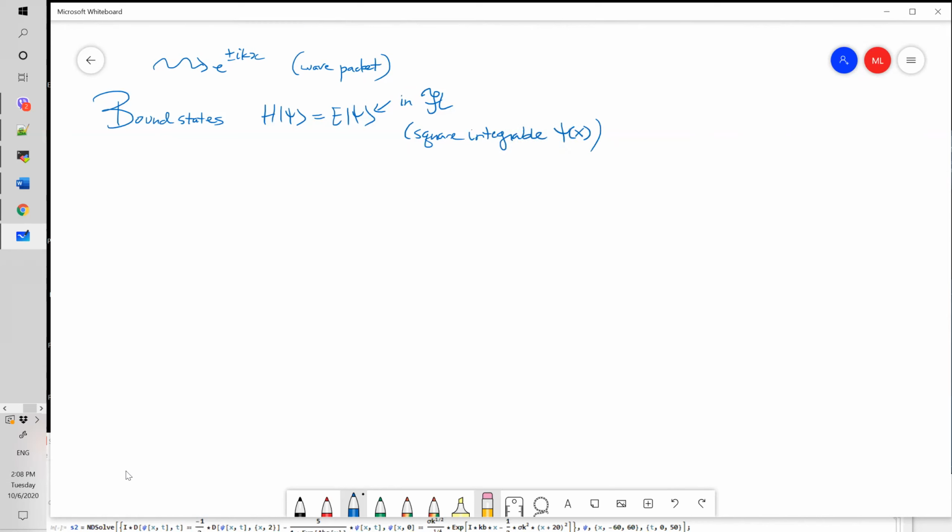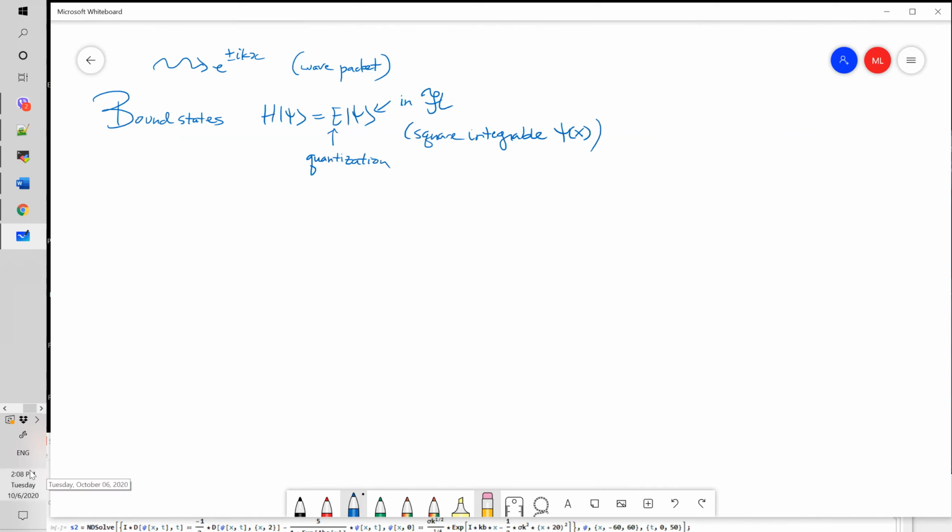Those are the true kind of states corresponding to particular fixed energies. And it's this square integrability that often leads to you not being able to choose any arbitrary value of E. You get quantization of the actual energy levels. And I'll show you how that works.